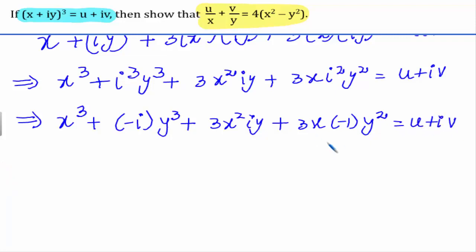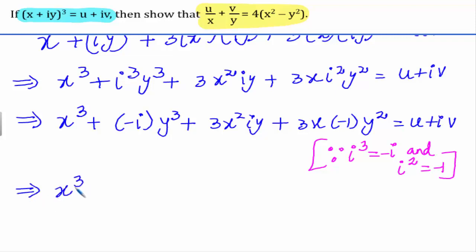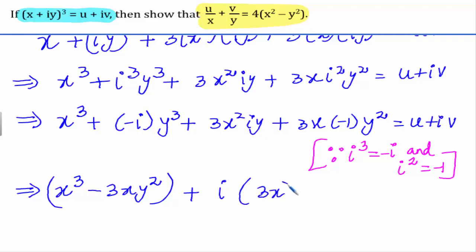Here we have used i³ is equal to −i and i² is equal to −1. This implies x³ − 3xy² + i multiplied by (3x²y − y³) is equal to u + iv.